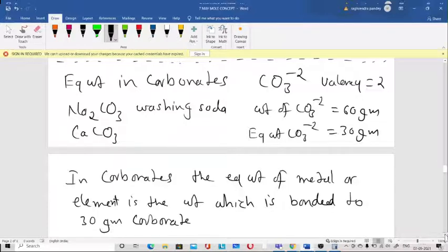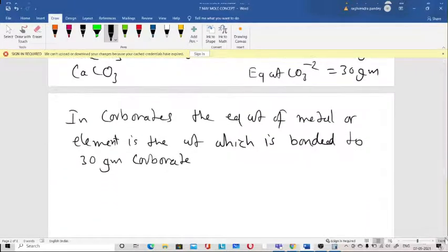So that is the equivalent weight for the carbonates.